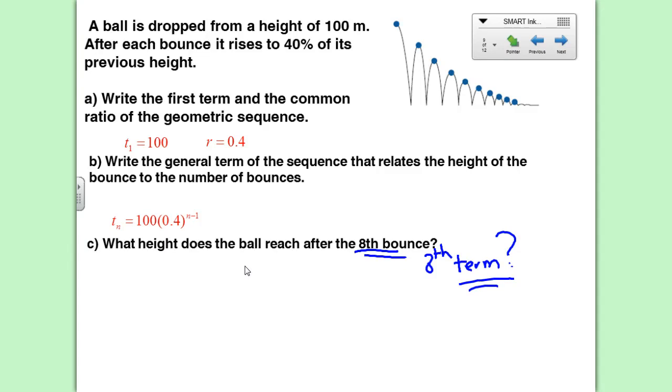What's the first term? Has it bounced on the first term? And the answer is, well, no. So technically, the second term, this is now, that's no bounce. This is after one bounce. So if you're going out to the 8th bounce, the 8th bounce is going to be the 9th term, okay?